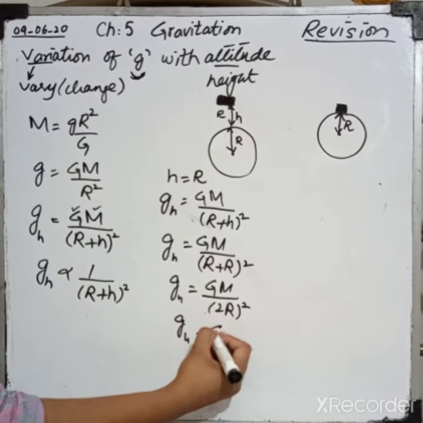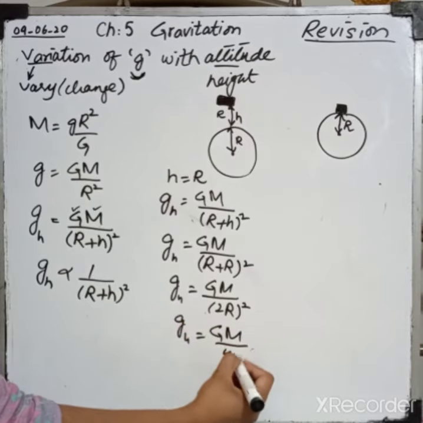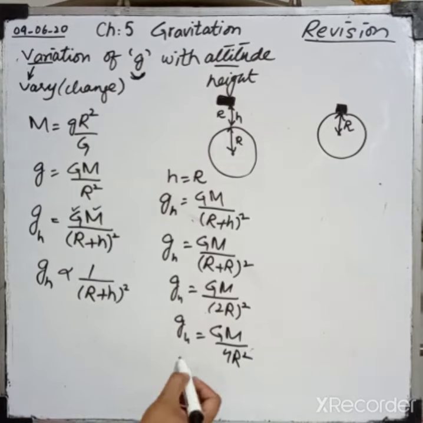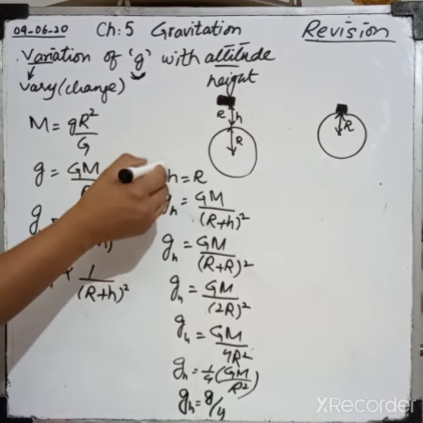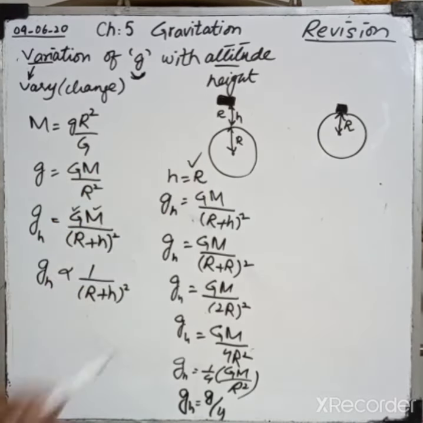So GM divided by 4r square, or gh will be equal to 1 by 4 times GM by r square. What is GM by r square here? It is the value of gravitational acceleration at the surface of earth. gh will be equal to g divided by 4. It means whenever we take a body at a height of 1 earth's radius above the surface of earth, its gravitational acceleration will be reduced to 1/4.